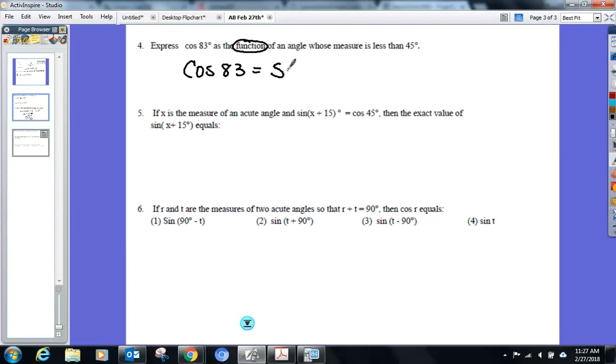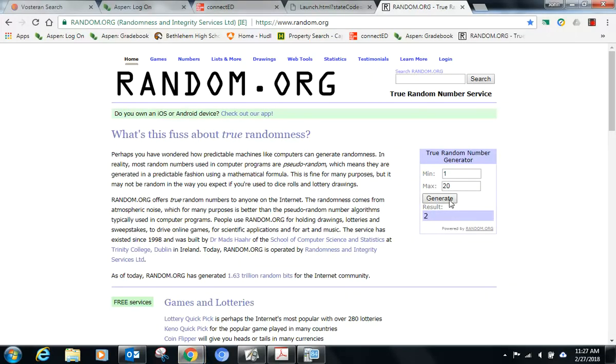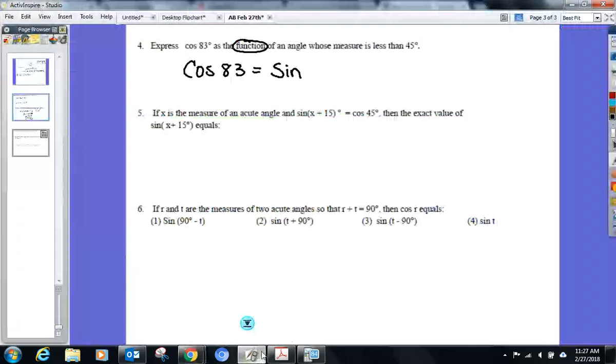Sine. Not of 83 though, because when are these two equal again? Complementary, so it should be the sine of 7. Is that less than 45? Okay, so I satisfied what they asked for. Sine of 7.